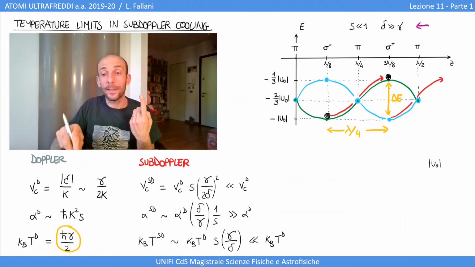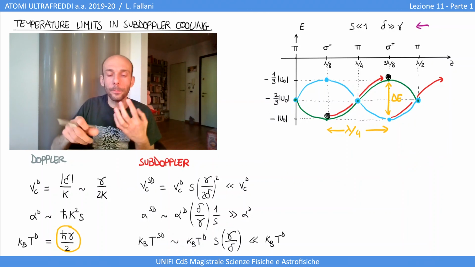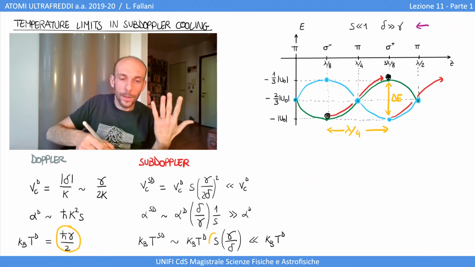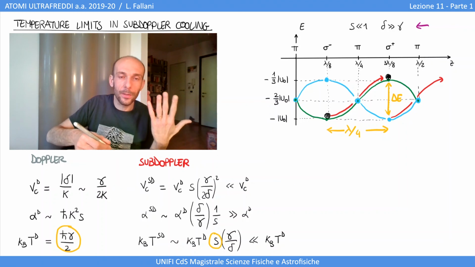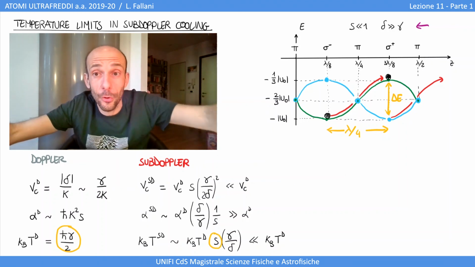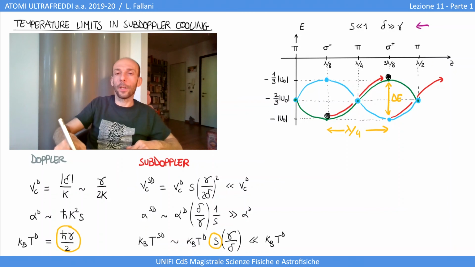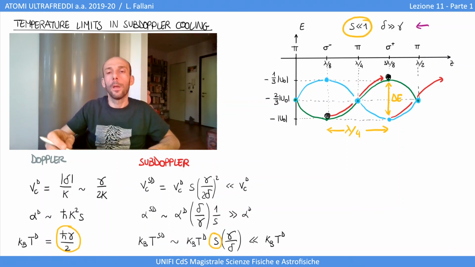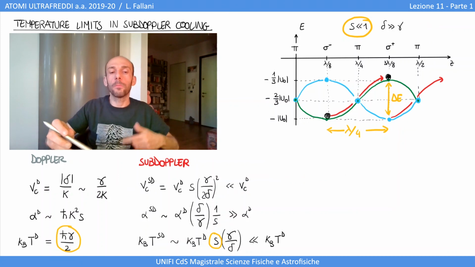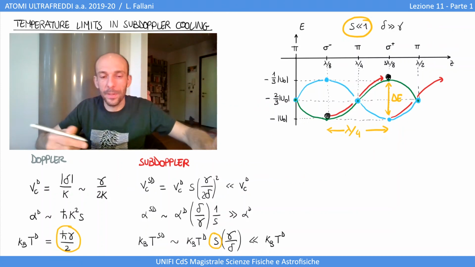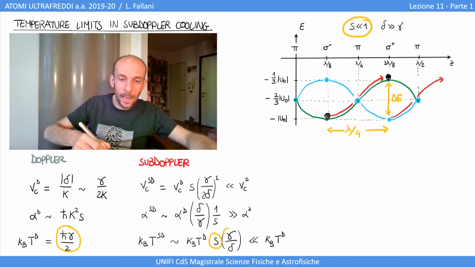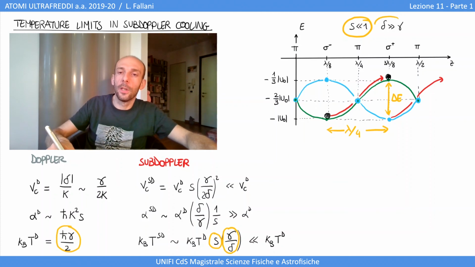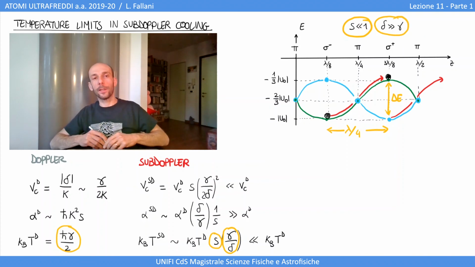It depends on the intensity, and in particular, the lower the intensity, the lower the temperature is. So this is why we are working in this regime of small intensity. And also, large detuning helps, because this temperature gets lower when increasing the detuning. And this is why I told you that it is helpful to work in this regime of large δ.